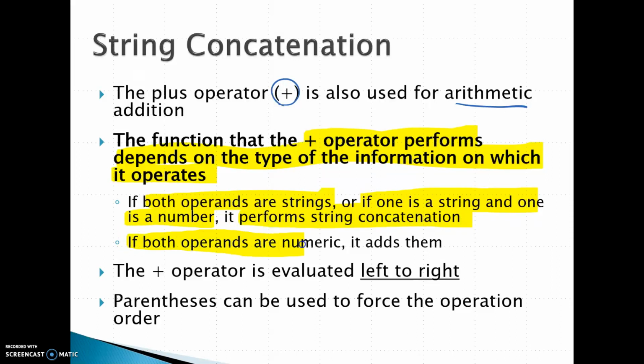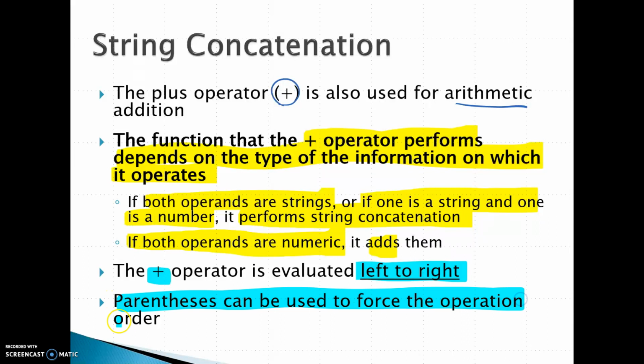If both operands are numeric, then it adds them. And the reason it works this way is because it doesn't make sense to try to add a string to a number. Mathematically, that would not make sense. So if one or both of the operands, the pieces being added, are strings, it automatically does concatenation.